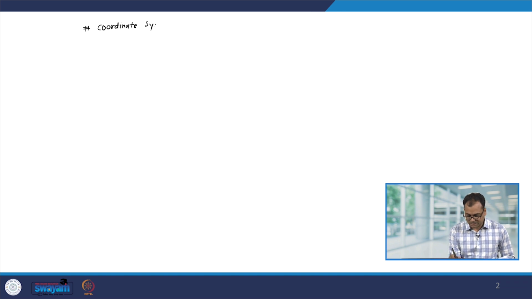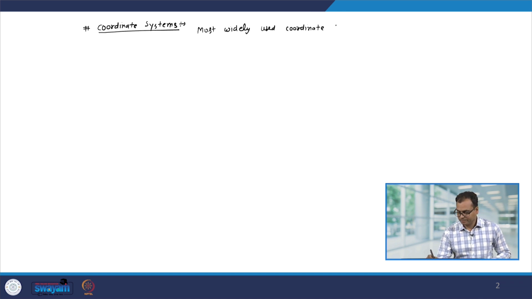the coordinate systems, and the most widely used coordinate systems are orthogonal.